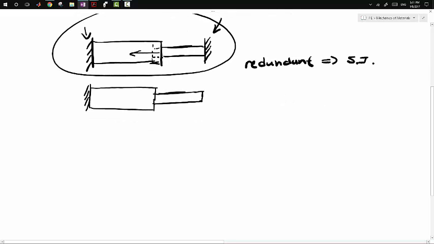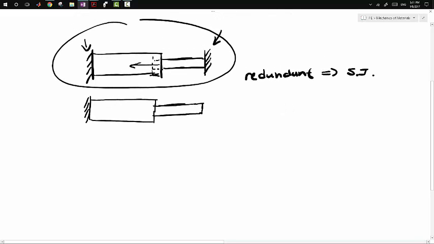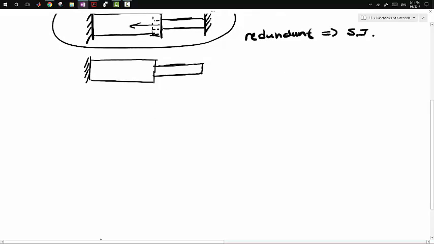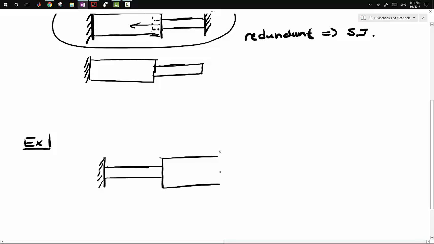So let's do a quick example. Let's say we had two circular rods.